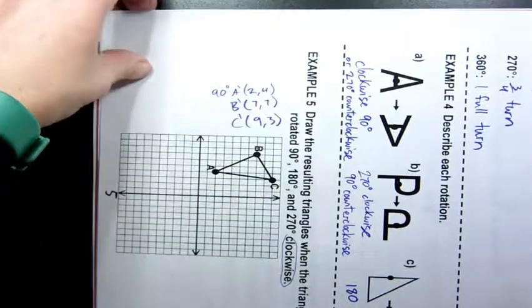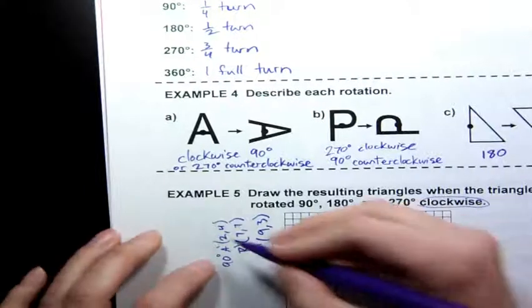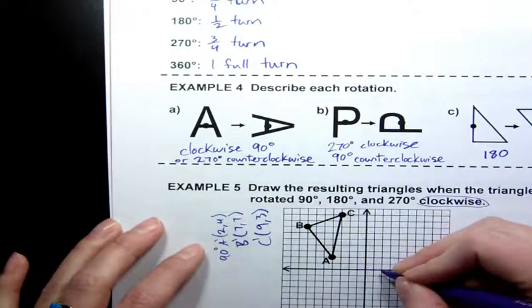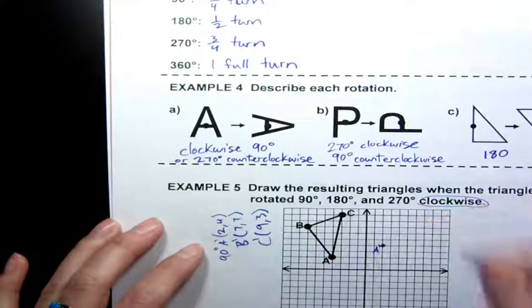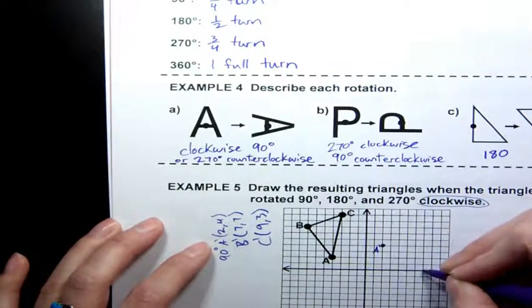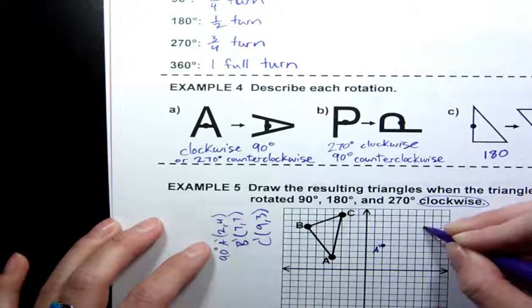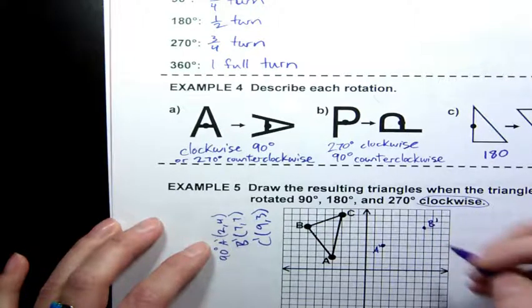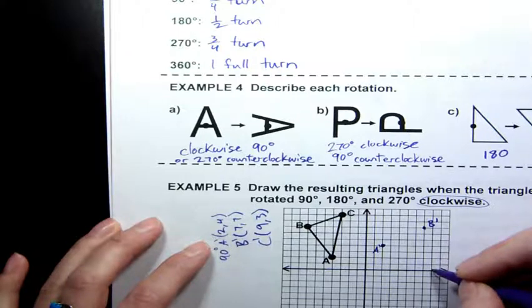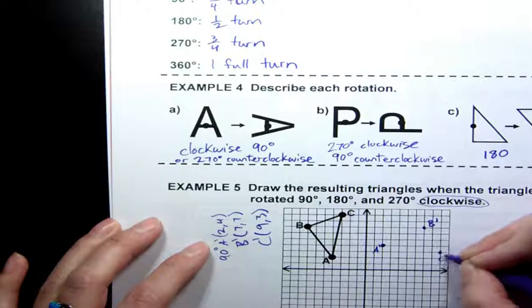And so then I just turn my paper back, and I plot those new points. I know I'm looking at them sideways, but I go 2, 4 is my new A. 7 and 7 is my new B. And then 9, 3 is my new C.